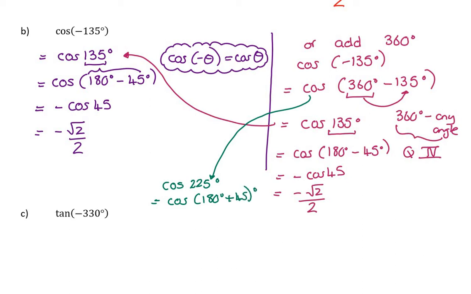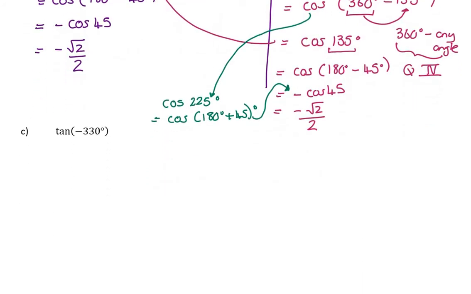So that is quadrant 3, which is negative cos 45, and you'd land up at that step. So there's lots of ways to do this, and I think the most important thing is for you to figure out which way works for you. Personally, I prefer to use this first way of just dropping the negative for cos. But, as we'll see from the very next question, sometimes it makes sense to add 360.